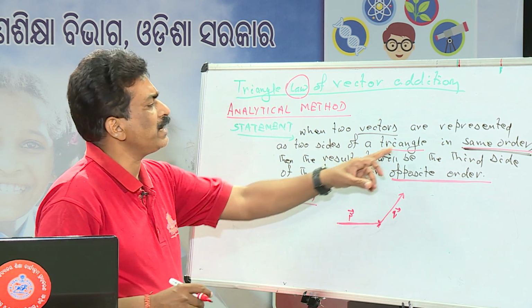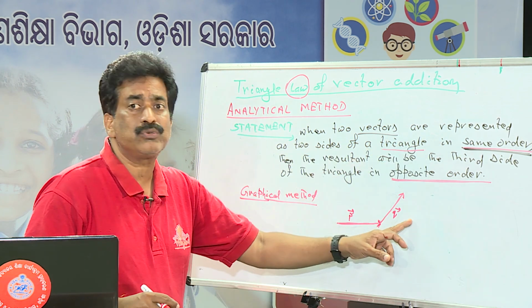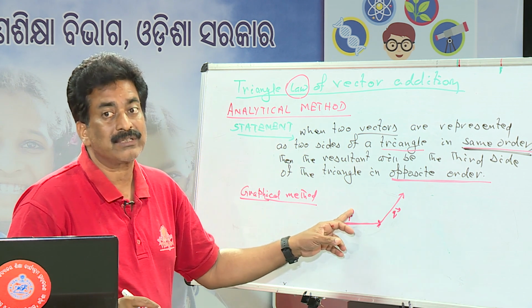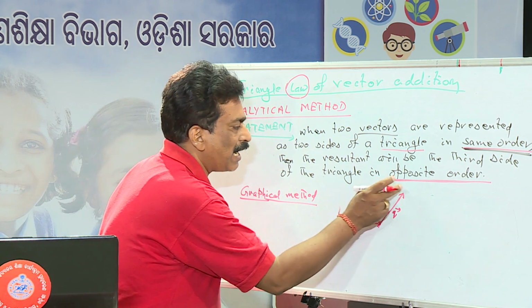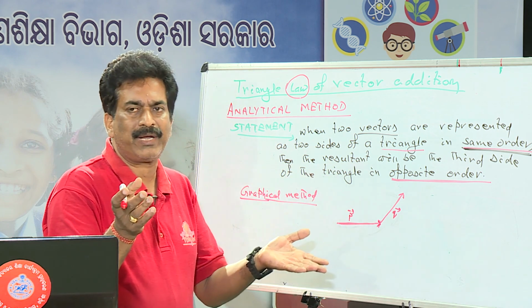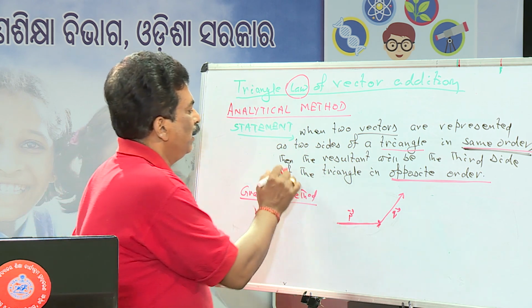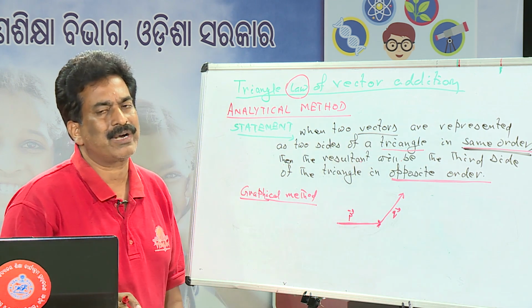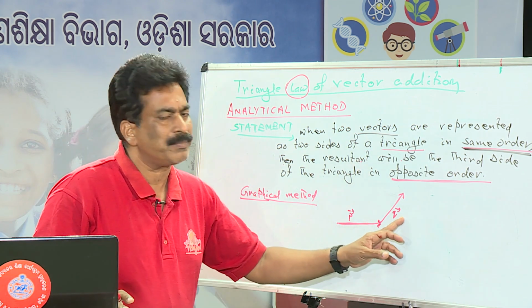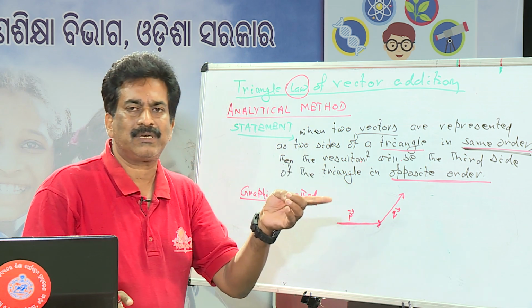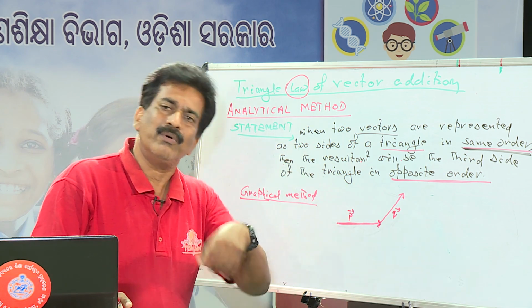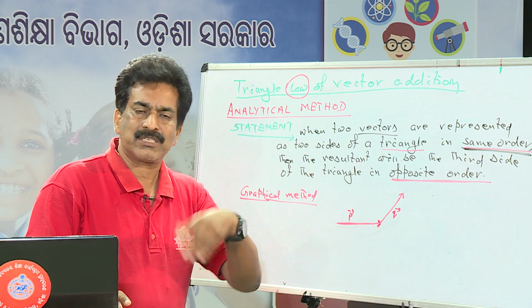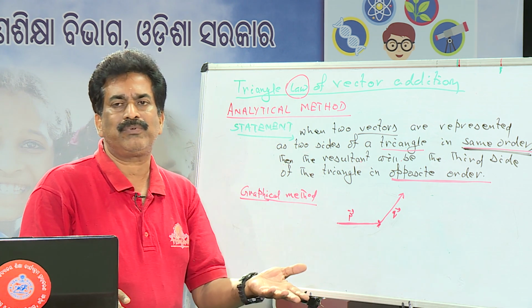So, two sides of the triangle, you see these are the two sides, but it does not yet look like a triangle. Triangle means the open end is joined, and that will give you the triangle. Then what will the resultant be, as we discussed in the graphical method? The addition of these two will give you the resultant, addition of the three will also give you the resultant, addition of the four also gives you the resultant.